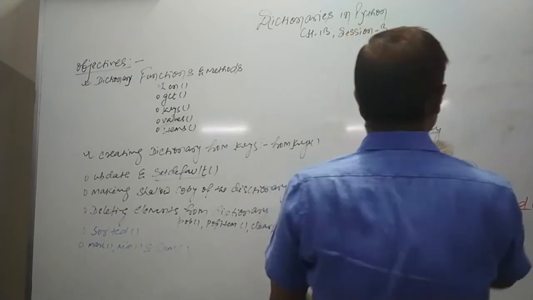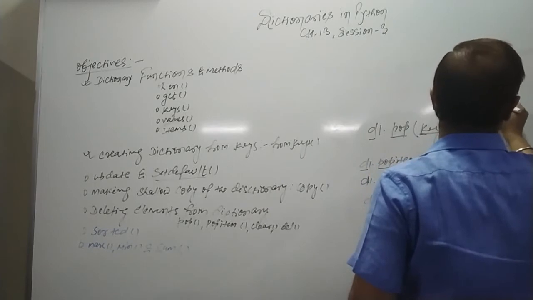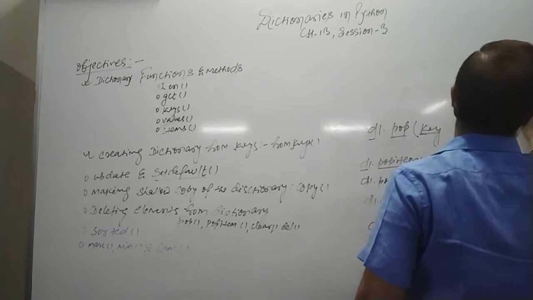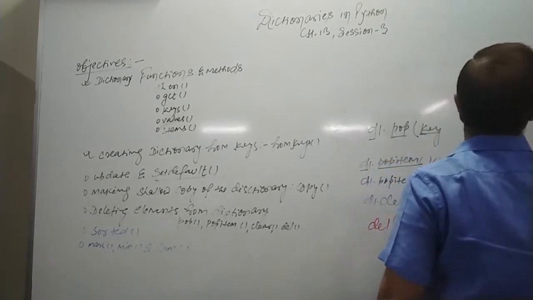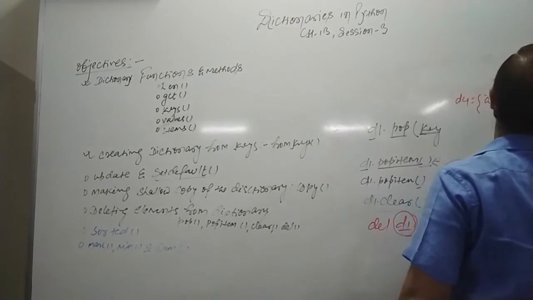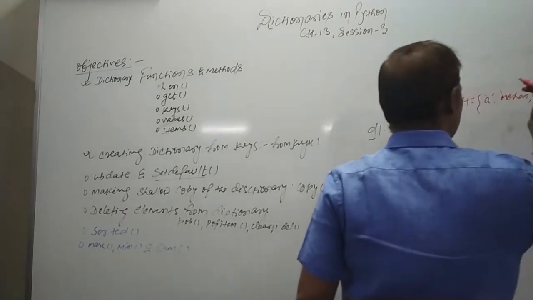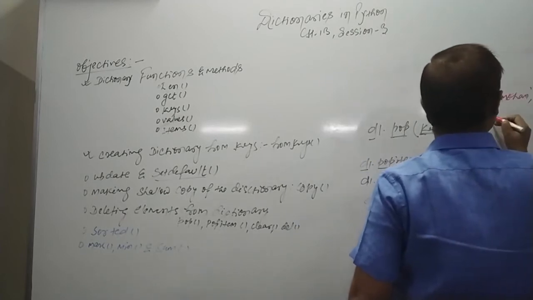For example, suppose a dictionary d4 = A colon, suppose Mohan, and then B colon, suppose Syam. These two are there. Then D colon something. After D, suppose comma, and then there is a C, and then suppose Gita.